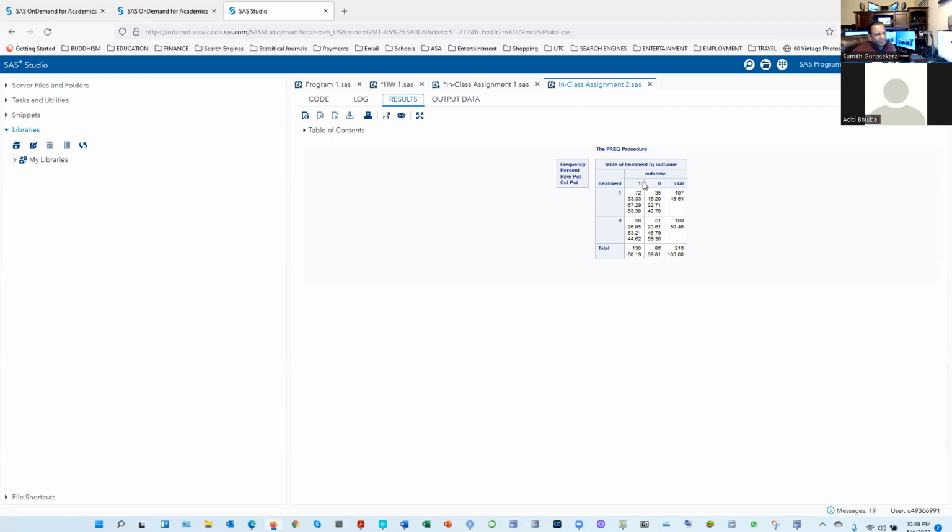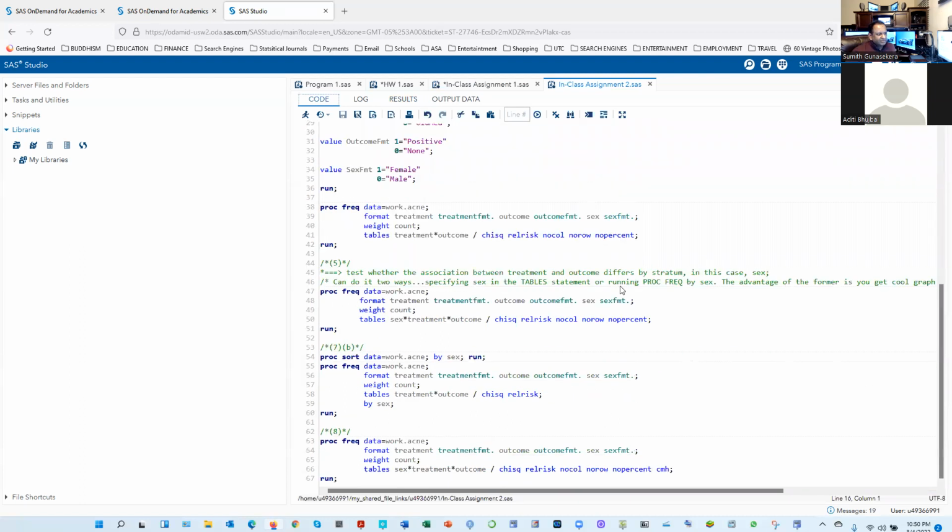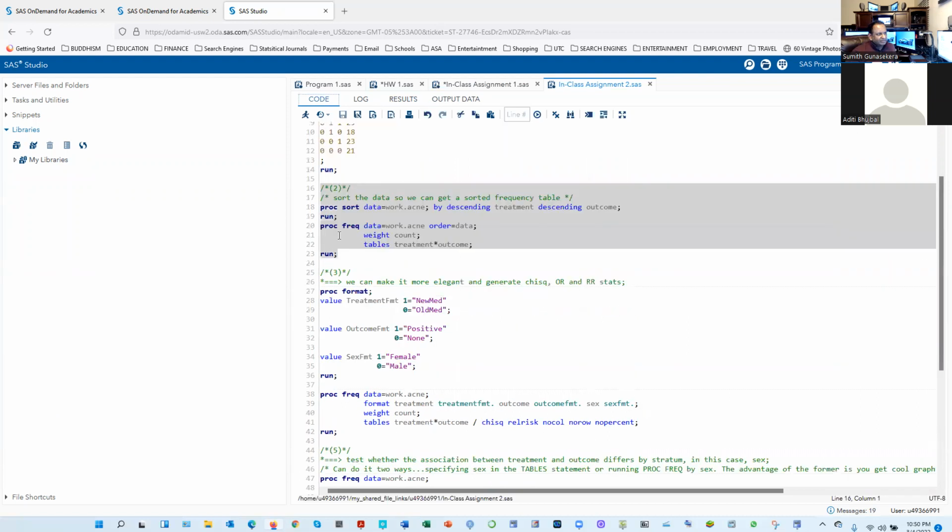See, with the treatment, outcome is positive results, negative results. The new one and the old one. Test whether the new medication is effective. You know how to check that one.